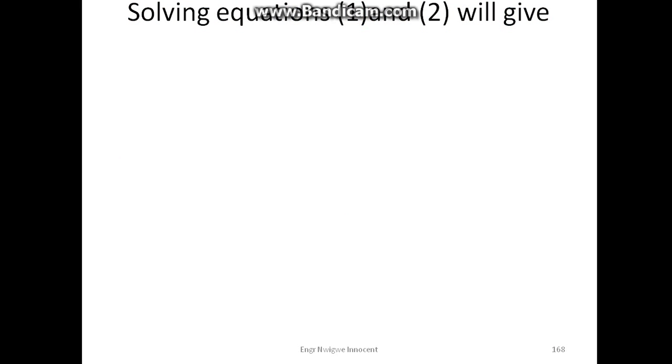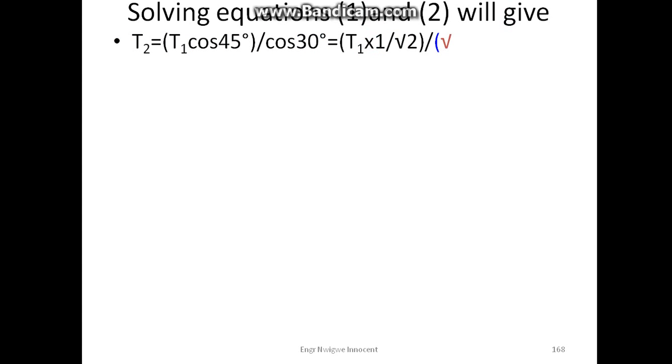Solving equations 1 and 2 will give T2 equals (T1 cos 45) all over cos 30, which equals T1 times (1 over square root of 2) all over (square root of 3 over 2).